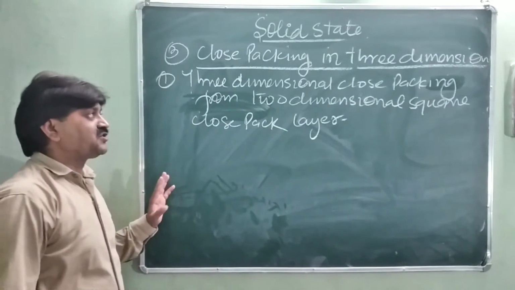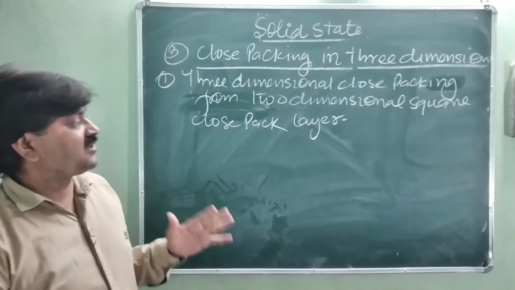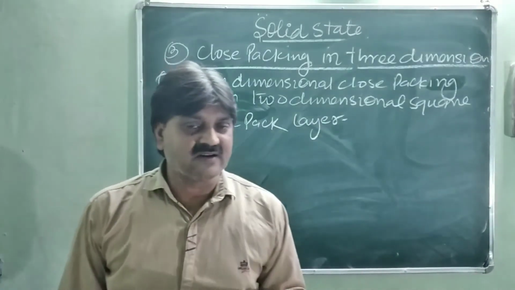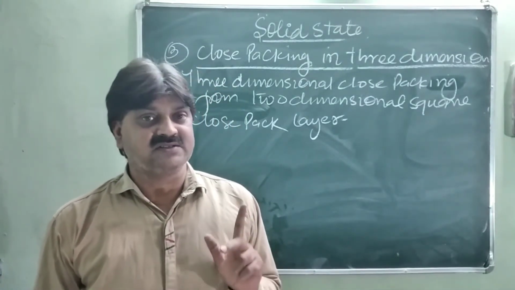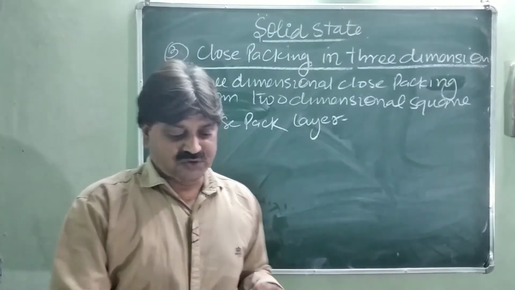So by placing in this way, this 3-dimensional closed pack structure is created from the 2-dimensional square closed pack structures. How do you show it? So this is shown in this way.